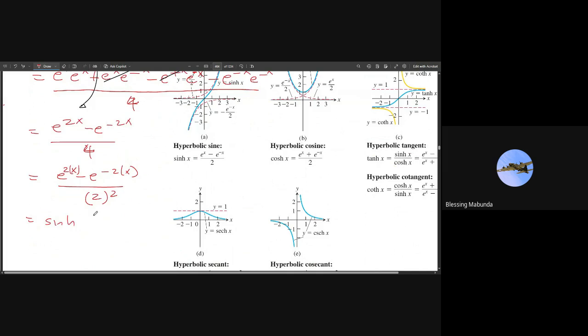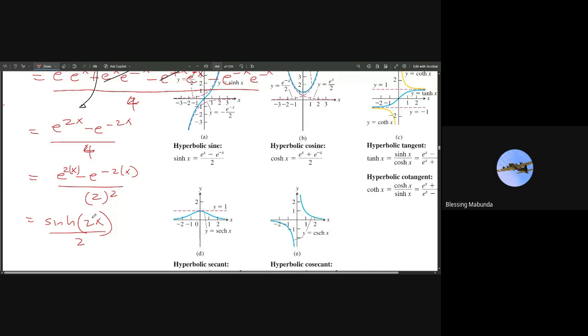So since we have the 2 there, we can factor out this 2 here so that we're able to cancel it out. So sinh 2x like that, and divided by 2 in this manner.